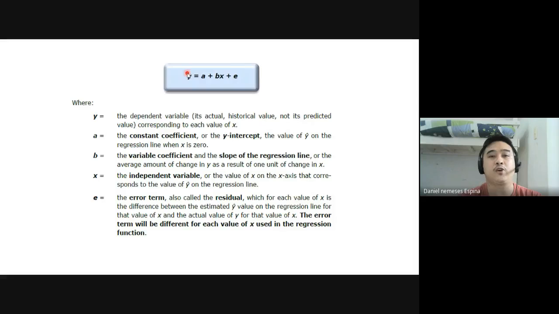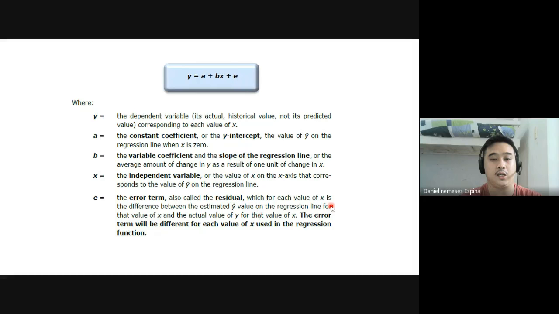So if you recall, in getting the forecasted Y, that Y hat, the formula is a plus bx. So a is the constant coefficient or the y-intercept, plus b, the variable coefficient, and x is the independent variable. Okay? So that is the formula for the forecasted. But to get the actual Y, the actual results of the dependent variable, we add to the formula the error estimate or the standard error of estimate.